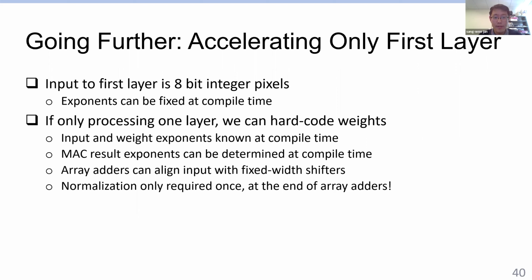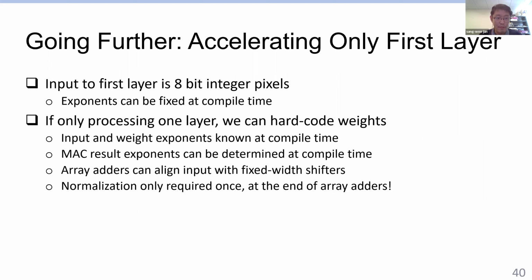And if you're only processing one layer, we can hard code the weights of each of these filters onto the FPGA itself, meaning because the number of weights is smaller, the input and weight exponents are known at compile time. And the exponent results of each MAC operation can also be determined at compile time. At least a very narrow range of MAC results can be determined at compile time.